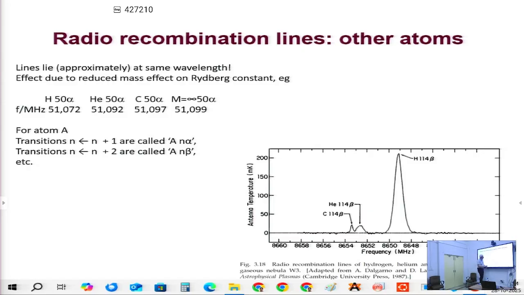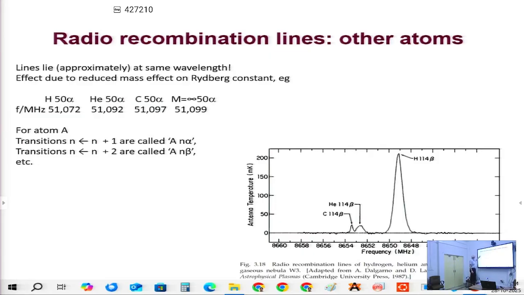And here we have hydrogen, helium, carbon, and they close up. So when you get beyond, I don't know, somewhere beyond the next period of the periodic table, you normally can't resolve them. They'll just sit on top of each other, because the difference in the reduced mass gets so small. You can see here, I've worked it out.